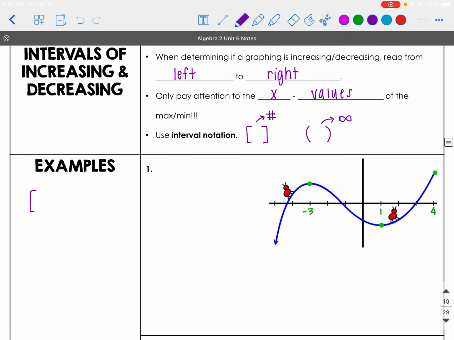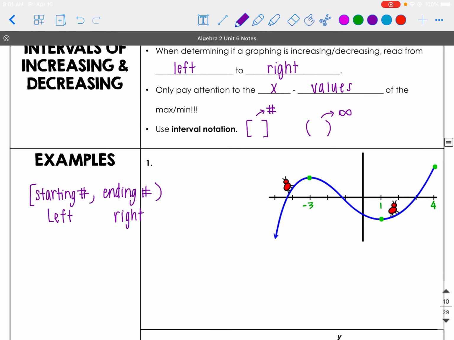So we will have either our bracket or parenthesis, our starting number, comma, our ending number. And we may have a parenthesis, we may have a bracket, may have one of each. So this is the left, your start, your right is your ending. So we're reading from left to right.